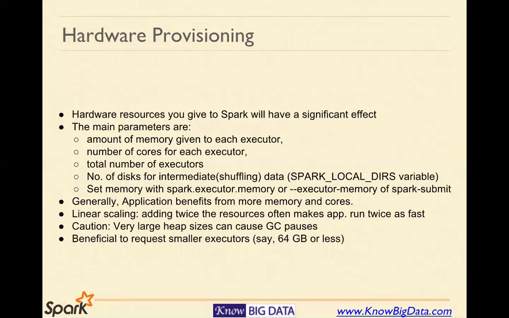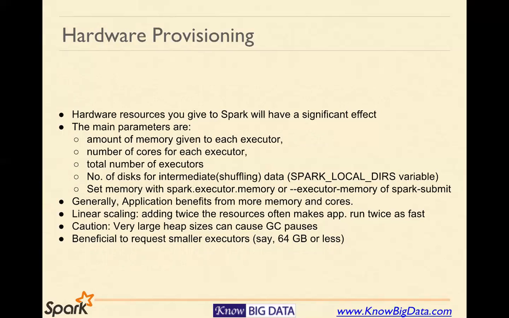All right. So in case of Spark, hardware resources have a significant effect. Meaning, if you have better hardware, Spark is going to perform better. Why? It automatically figures out that you have so many cores, so it's okay to create so many partitions and so on.